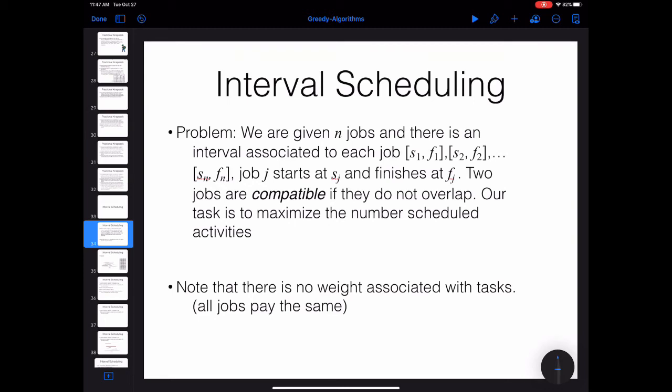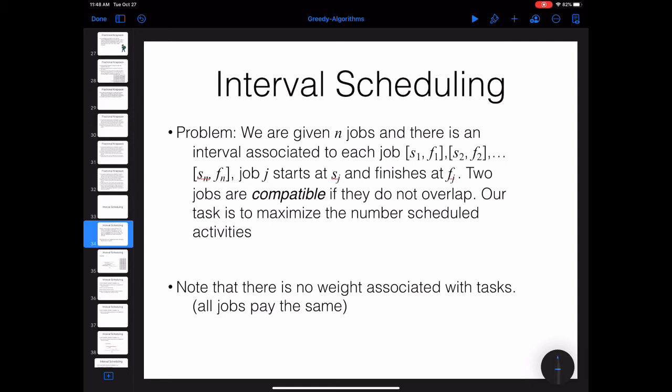Okay, the difference between this problem and the previous one is that there is no cost or weight associated to the jobs, to the activities. All of them are going to pay the same. So it doesn't matter if you are taking the one that takes longer or one that takes a shorter time. So it makes it a simpler version of the previous problem.